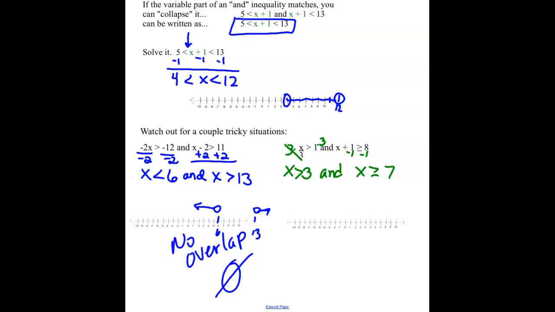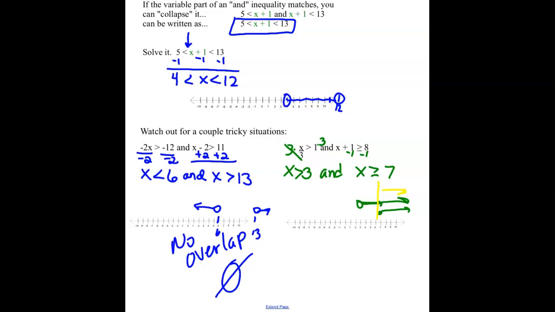So picture on this one, we want to be greater than 3. And we want to be greater than or equal to 7. All right. So if you think about where they overlap, our overlapping section would be everything from here, this direction. All right.